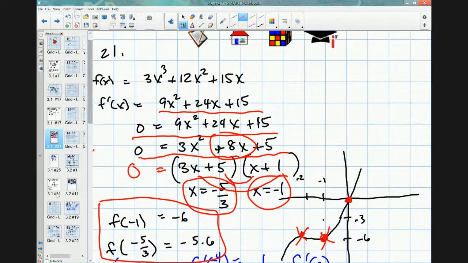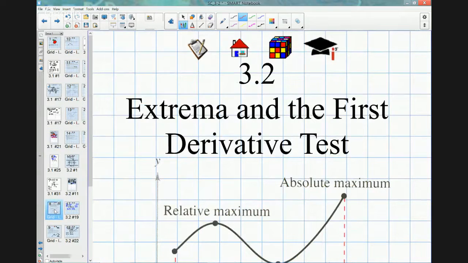And our new lesson is the one on 3.2, Extrema and the First Derivative Test.